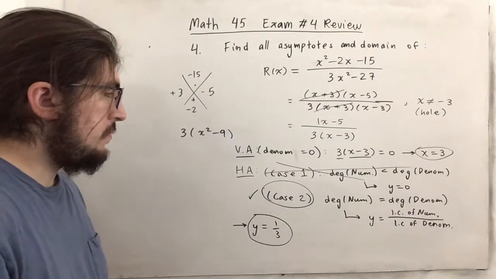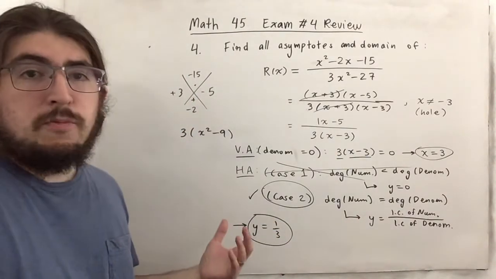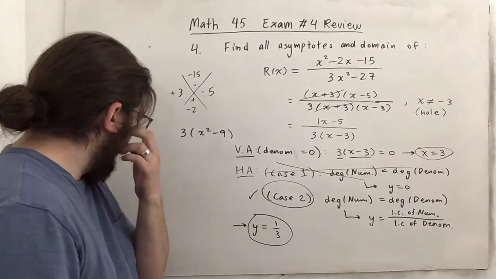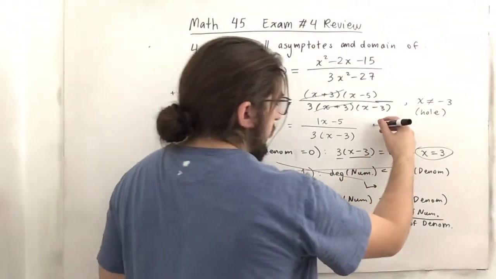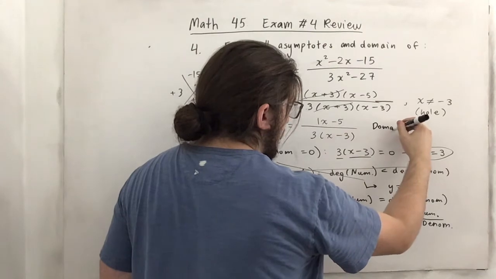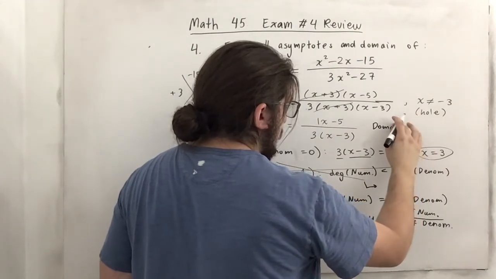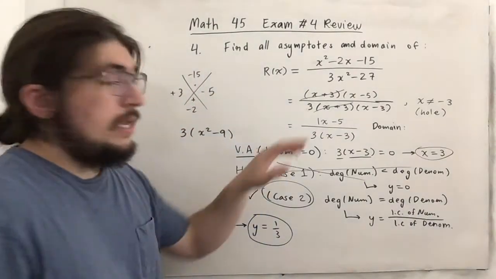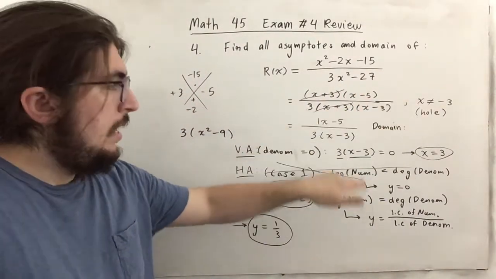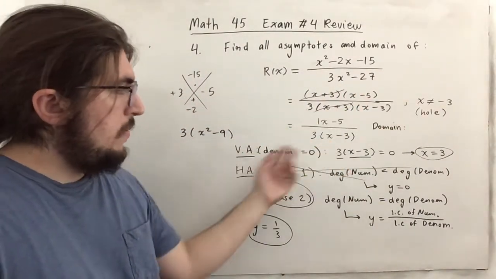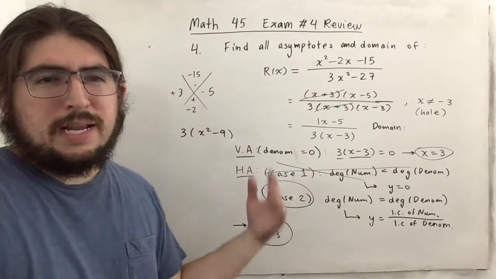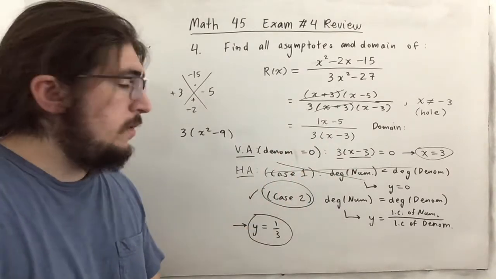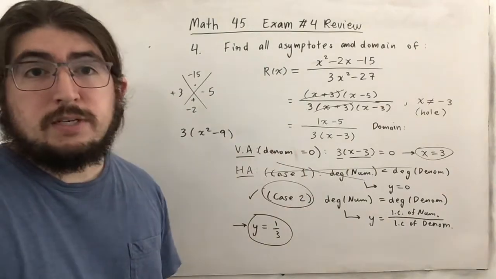Perfect. Now, what about the domain? Well, for the domain, I'll bring that over here. We could have actually found that earlier before getting into asymptotes, but it's fine. X cannot be negative 3 from our hole, and it also cannot be positive 3 because we have a vertical asymptote there, but again, we got that by setting the denominator equal to 0, and the denominator can't ever be 0 anyways.